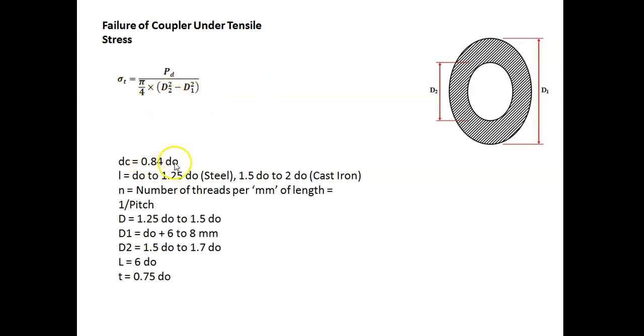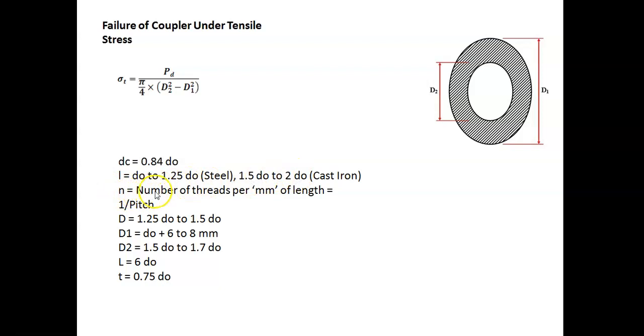DO can be calculated from these. Once the nominal diameter is calculated, you can calculate the small l value. Small l for steel is between DO and 1.25 times DO, and for cast iron it is between 1.5 times the nominal diameter and 2 times the nominal diameter.